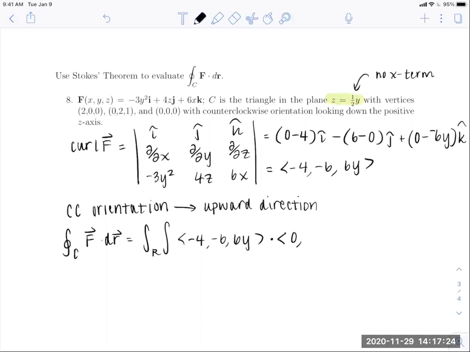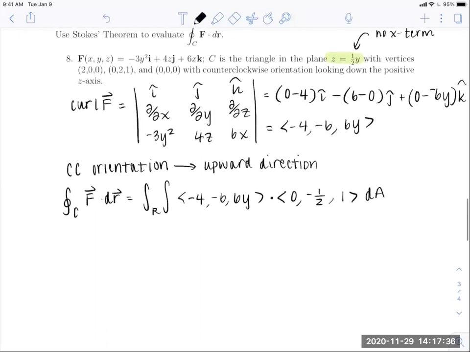Then I want the negative partial of z with respect to y. So that's going to give me a negative 1/2. And then finally, I get partial z, which is just 1, dA. So if I carry out this dot product, I get the double integral over R of 0 plus 3 plus 6y dA.